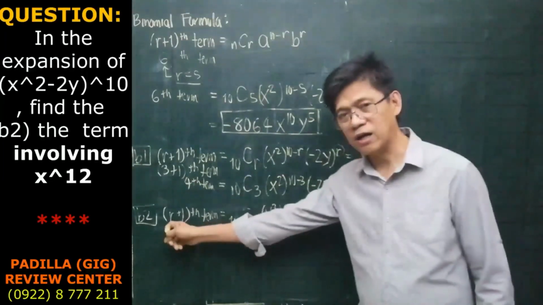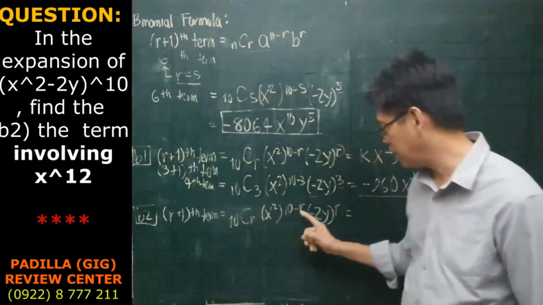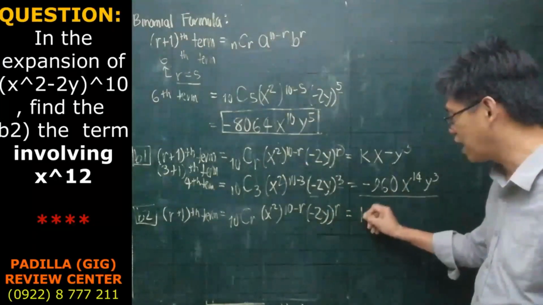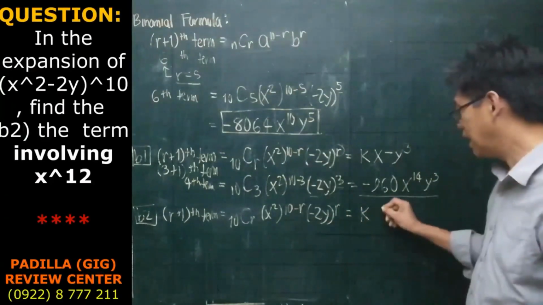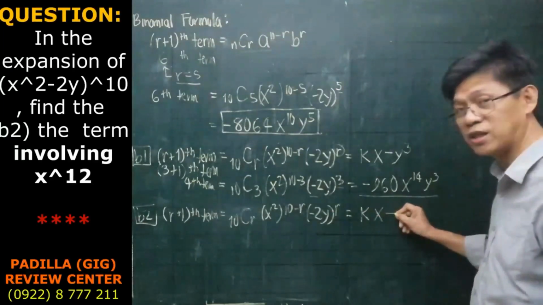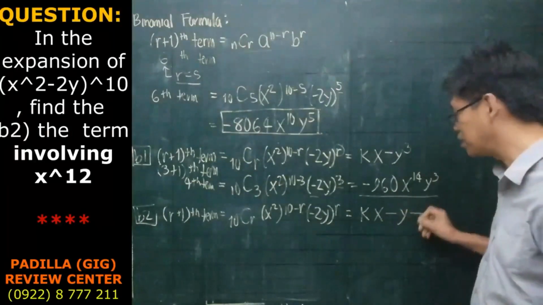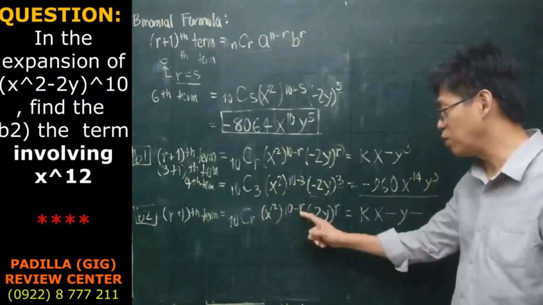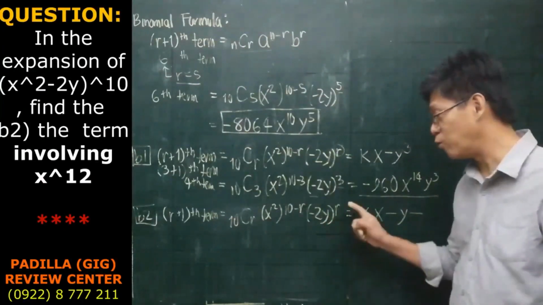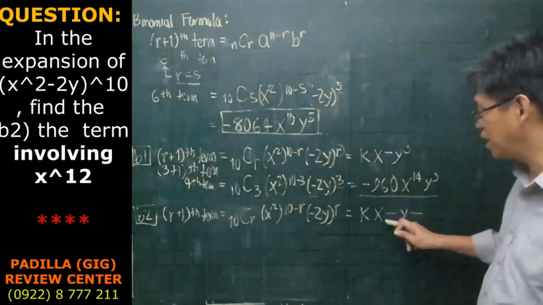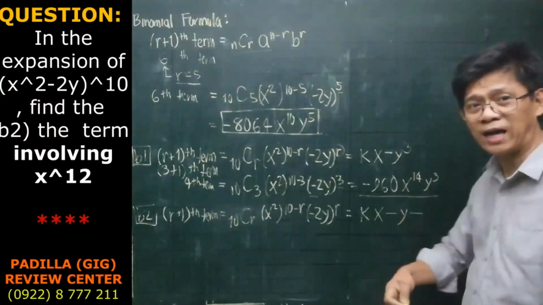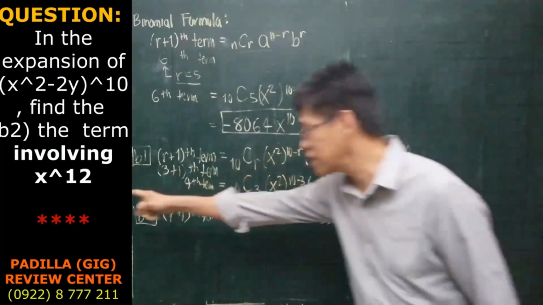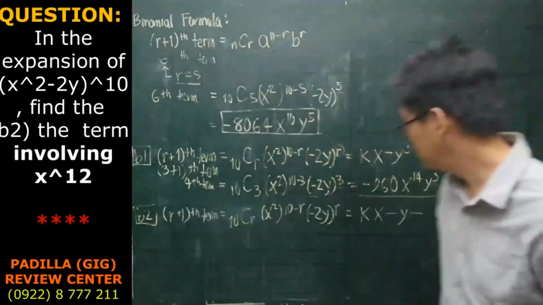If you know r and you substitute here, here, and here, 100% sure you'll get a coefficient, x to a certain exponent, y to a certain exponent, right? But the value of r that we want must yield x to the 12.